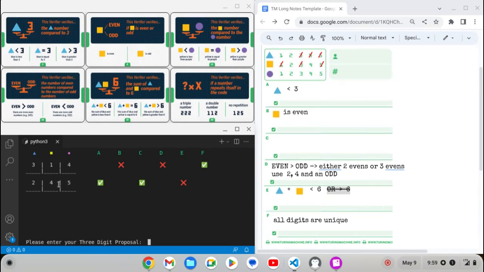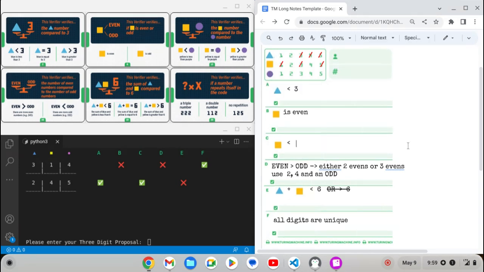So that is correct. It is true that square should be less than circle.